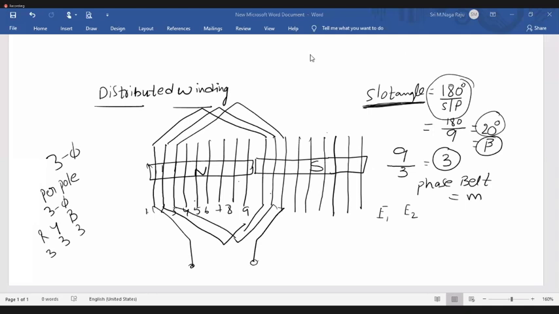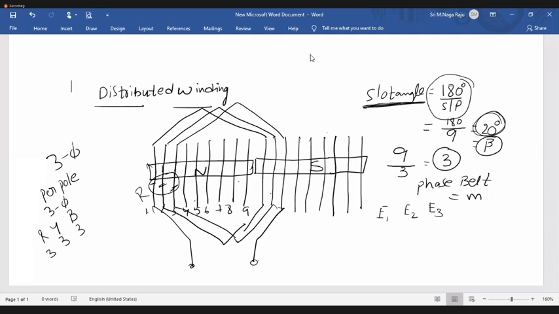Okay. Now the phase angle between the EMF induced in conductor 1 and conductor 2 is how much? Nothing but 20. Again, the phase angle between EMF induced in conductor 2 and conductor 3 is also 20 degrees. So these three conductors 1, 2, 3 are under the influence of North Pole and belong to one phase. For example, this is R phase. Now, what is the resultant EMF?